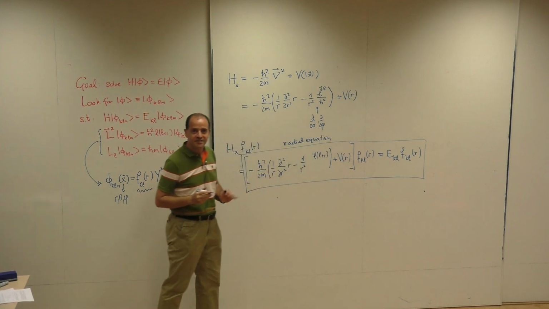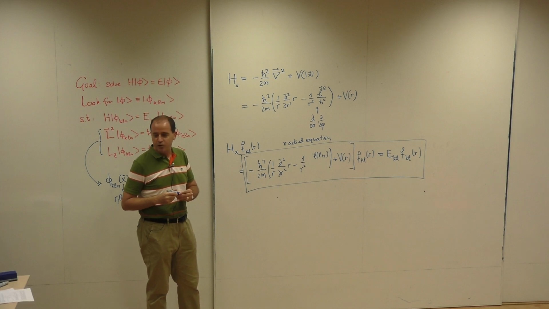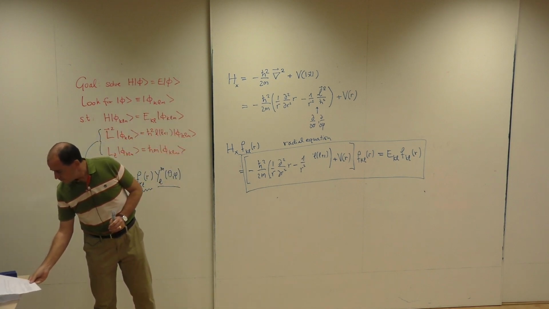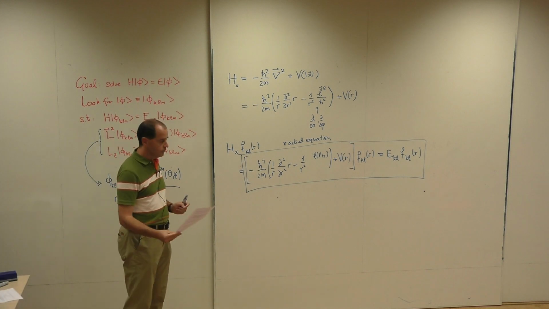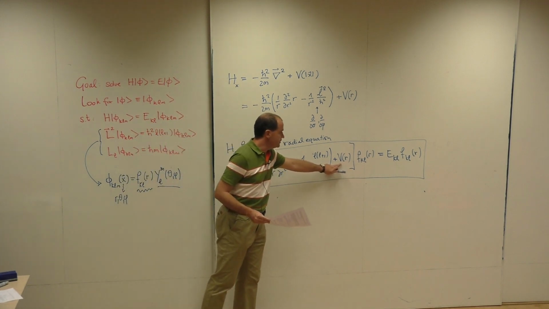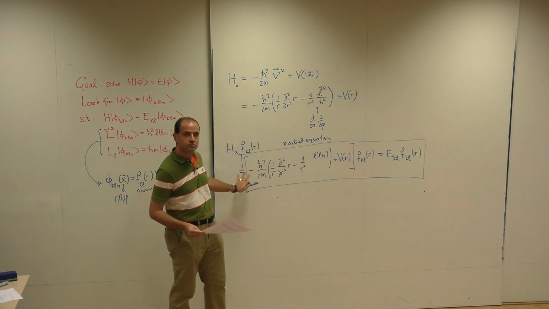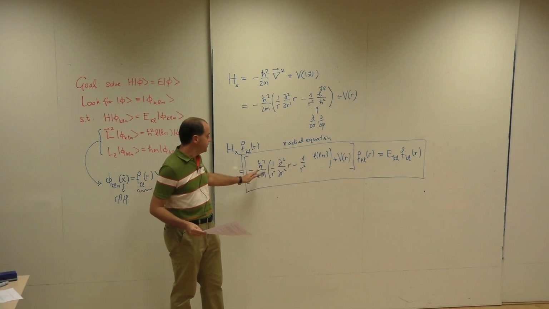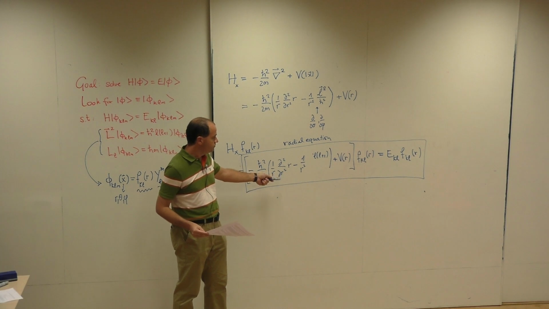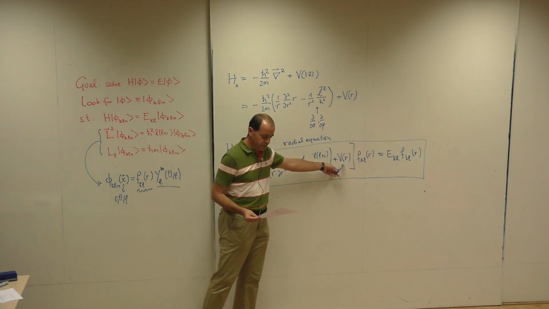Nobody claims that it's easy, but we have simplified the problem as much as we can. Given that we don't know yet what the potential is. All the rest is fixed. All the rest are just derivatives with given terms. These were still free.